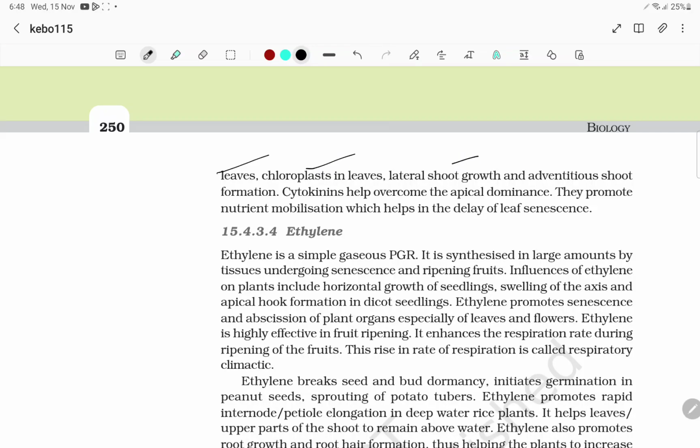Lateral shoot growth and adventitious shoot formation to overcome the apical dominance. Auxin will promote the apical dominance, cytokinin will decrease the apical dominance. They promote nutrient mobilization, which helps to delay the leaf senescence.